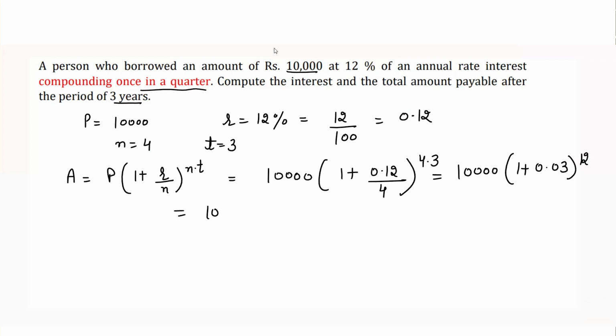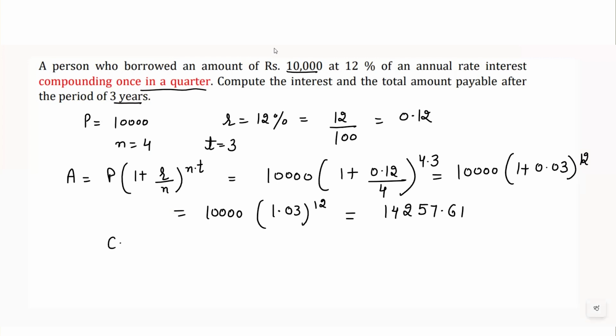If I divide 0.12 by 4, I get 0.03. That is 10,000 into 1.03 raised to power 12. When I solve this together, I will get 14,257.61 rupees. Now this is the value for the amount.